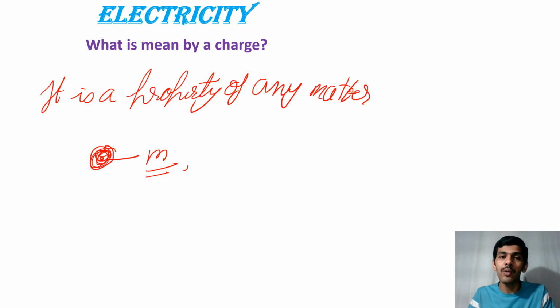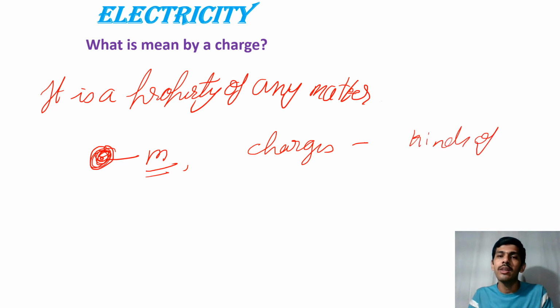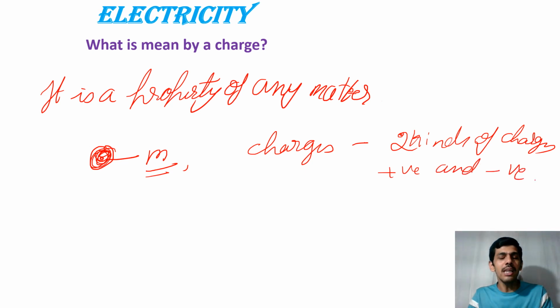But when we discuss the charges, we have already studied there are two kinds of charges. These are positive and negative. These are nothing but the properties of every material to have some charges, either positive or negative.